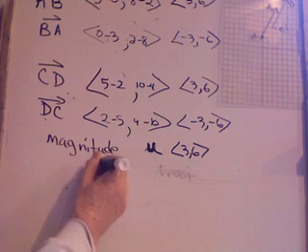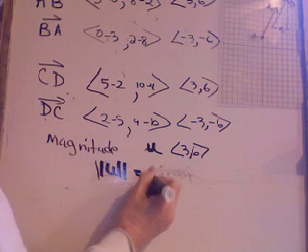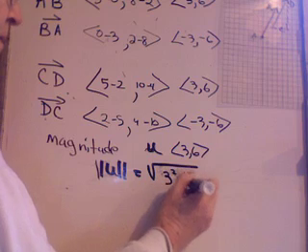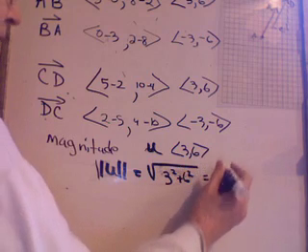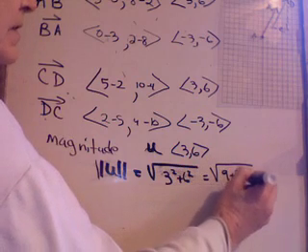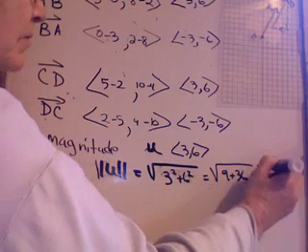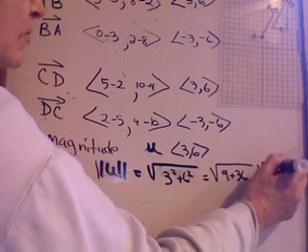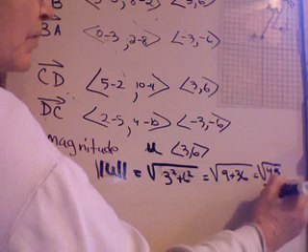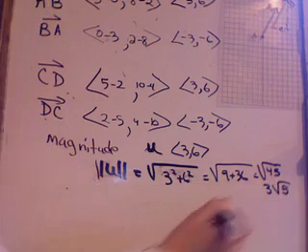That means magnitude. And it equals the square root of 3 squared plus 6 squared. So, figure it out. 9 plus 36, square root 45. Of course, you have to simplify that a little bit, right? 5 times 9, so how about 3 root 5?